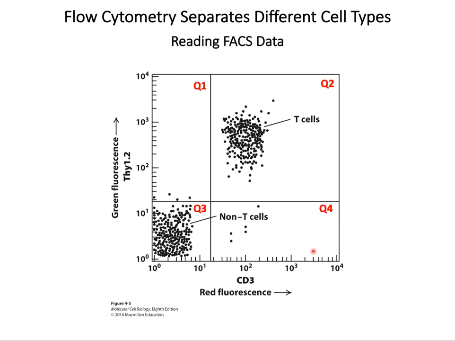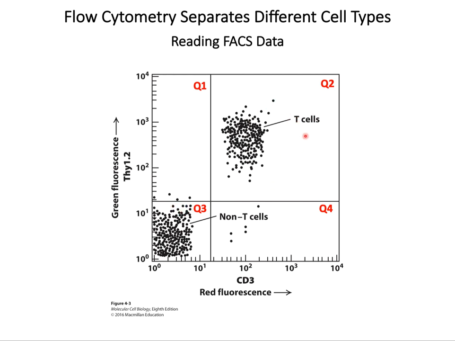This is a dot plot from the flow cytometer showing the separated T cell population. Along the x-axis is the red fluorescence, and along the y-axis is the green fluorescence. In the lower left quadrant is a large population of cells that are unstained or have very low fluorescence and are non-T cells.